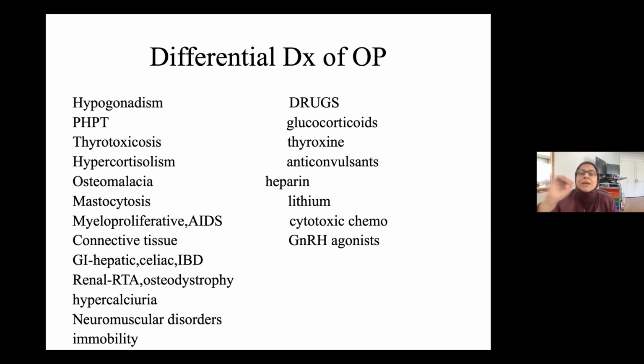Because it's not only hypogonadism that causes osteoporosis. Body weight and gonadal status are the 2 key determinants of bone density and bone strength, but there are many other hormonal abnormalities that can cause osteoporosis. There are drugs that can cause osteoporosis, and there are other factors like neuromuscular conditions, rheumatoid arthritis, renal tubular acidosis, malabsorptive states, any condition that prevents us from absorbing calcium and phosphate and magnesium and vitamin D can impair bone quality and bone strength.